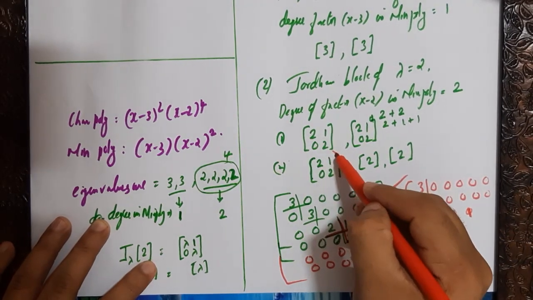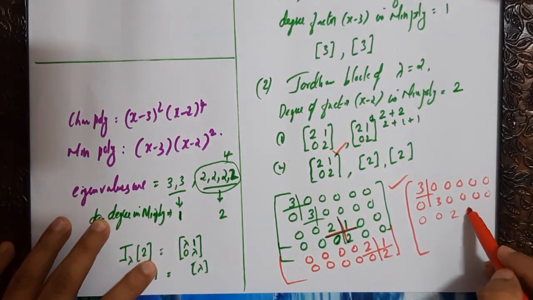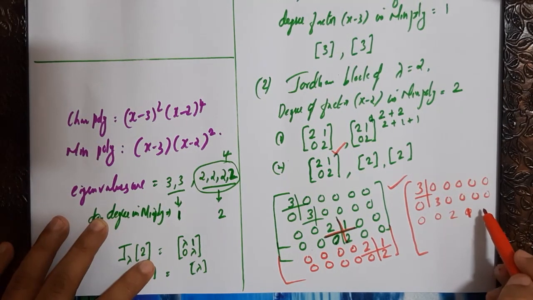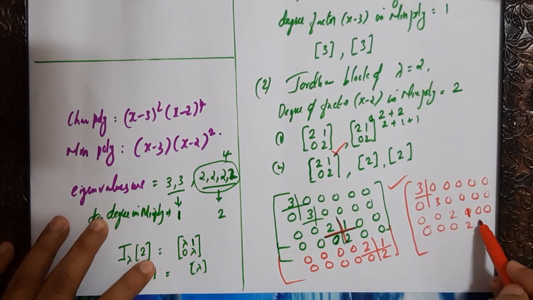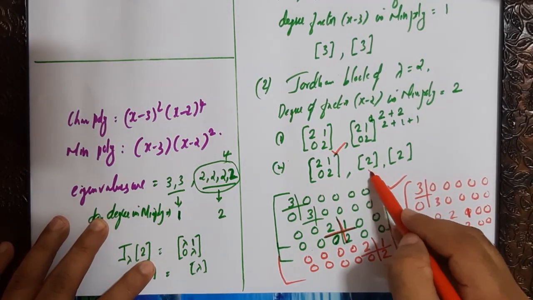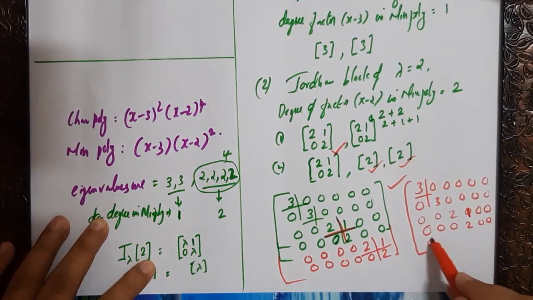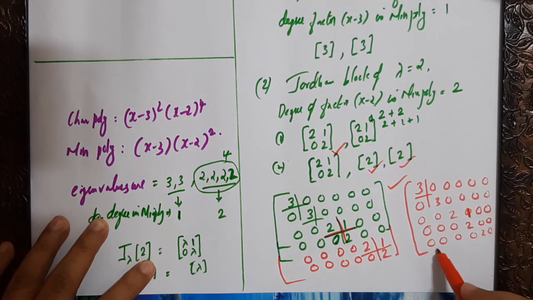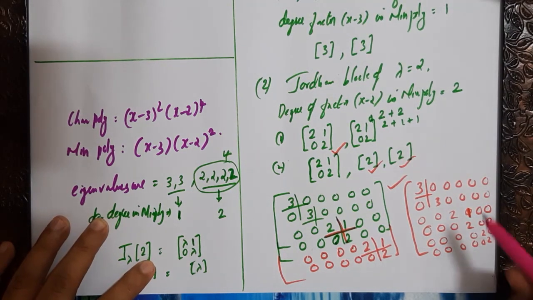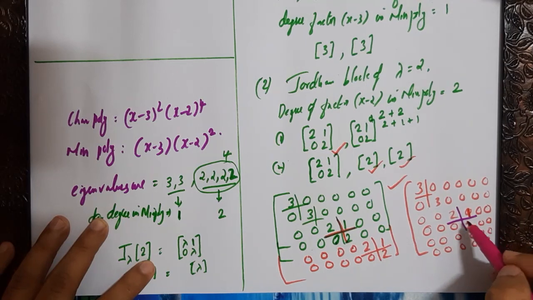So there is a matrix of block dimension 2, 0, 0, 0, 0, 0, 2, 0, 0, and the other two blocks are of dimension 1, 0, 0, 0, 0, 2, 0, 0, 0, 0, 0, 0, 2. So these blocks are, this is a block of dimension 2.